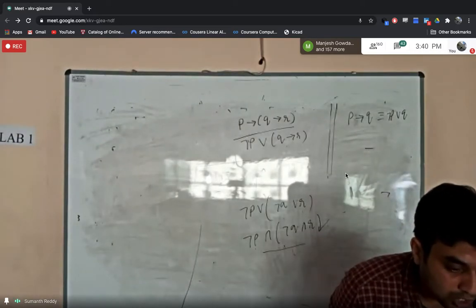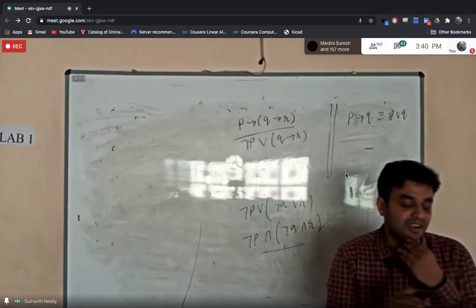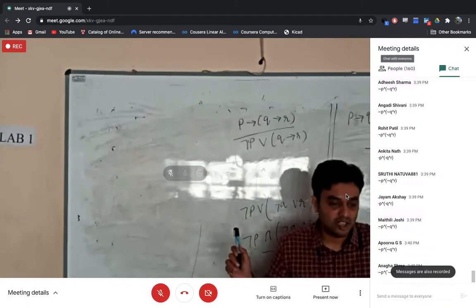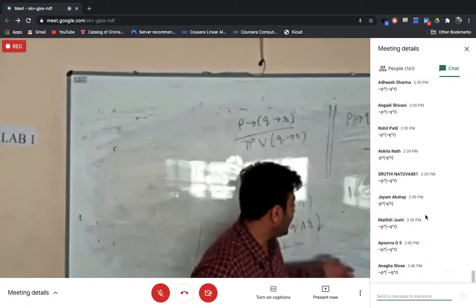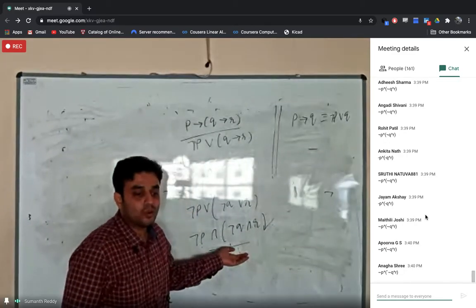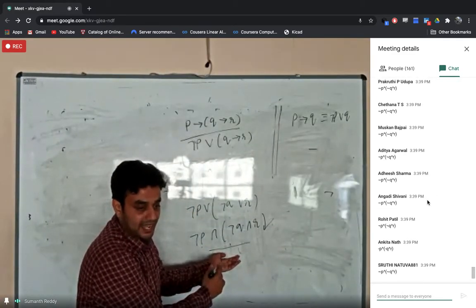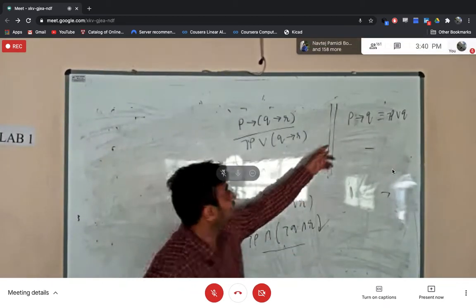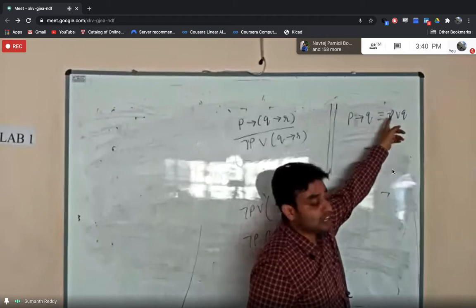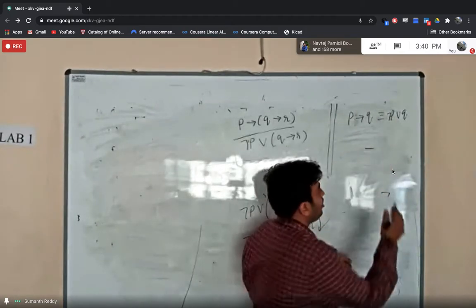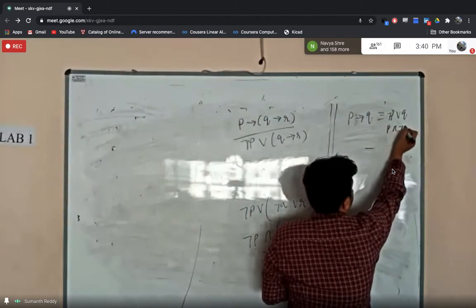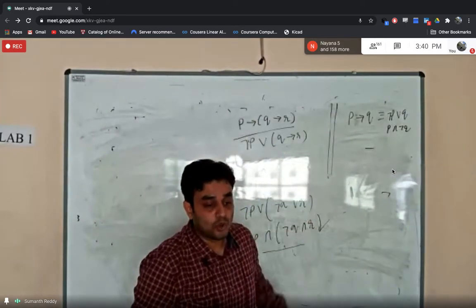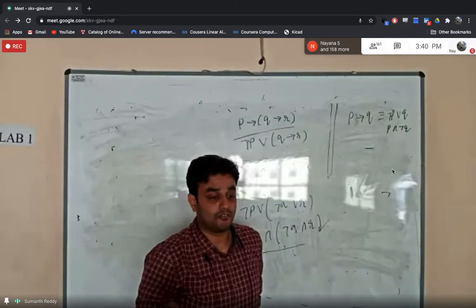Okay. So most of you have solved this. See, actually, in subjects like this DMS, whatever end answer you get, don't think this is the only correct answer. This might be a correct answer, but that is not the only correct answer. Okay, because P implies Q is not only logically equivalent to negation of P or Q. This is also logically equivalent to P ampersand of negation of Q. I told you, right, in every step, you will be able to apply more than one type of formula.